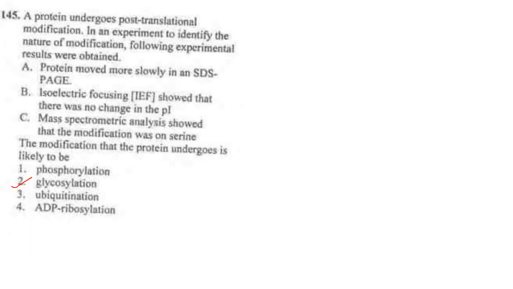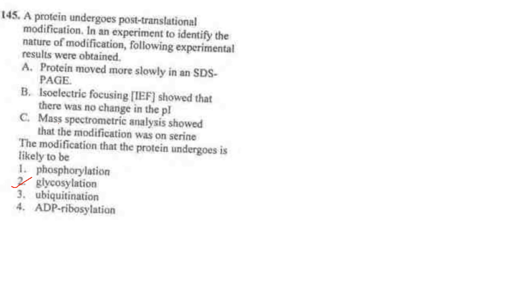Then next one. A protein undergoes post-translational modification. In an experiment to identify the nature of modification, following experimental results were obtained. Protein moved more slowly in an SDS-PAGE. That means it has undergone some kind of post-translational modification. That is why it moves slowly in the SDS-PAGE.